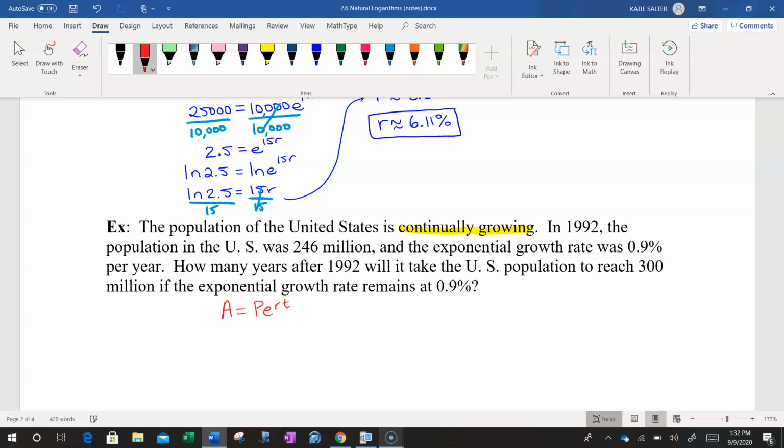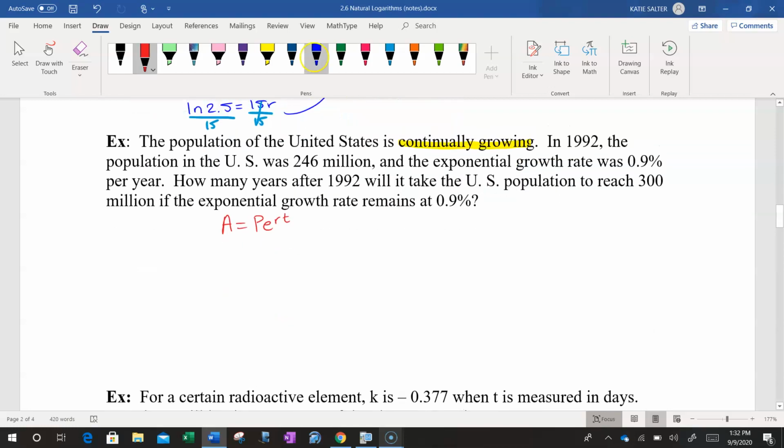Now, since the initial amount in 1992 and the final amount of 300 million are both in millions, we do not need to add all those zeros in here because it would just divide through when we set it up. So we can just put for our principal 246, knowing that that's in millions, and our final 300 million.